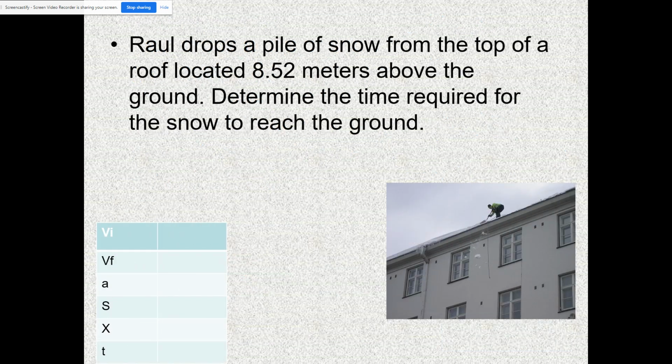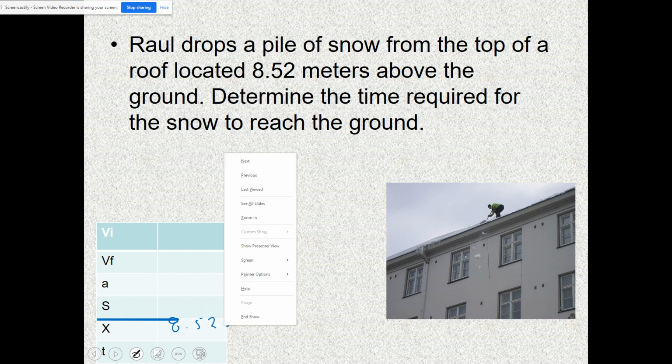Okay, let's take another look. Raul drops a pile of snow from the top of a roof, 8.52 meters above. So down here, I got 8.52 meters above the ground. And determine the time. So we're looking for time down here. Required for the snow to reach the ground. So that's all they gave us.